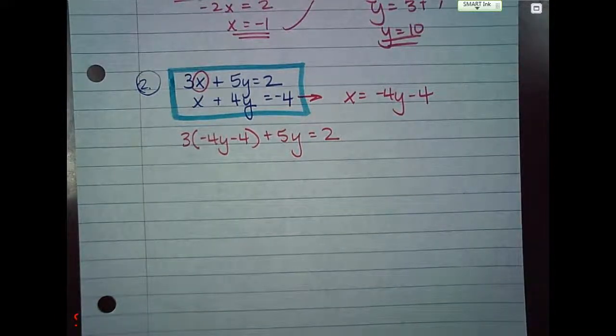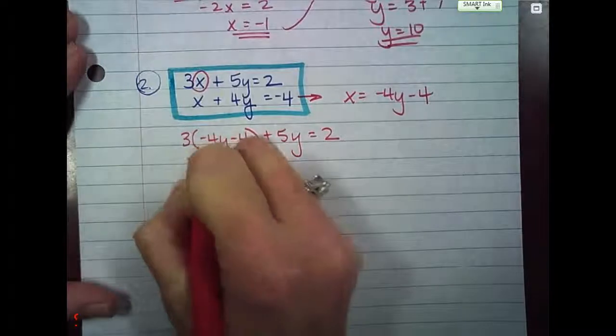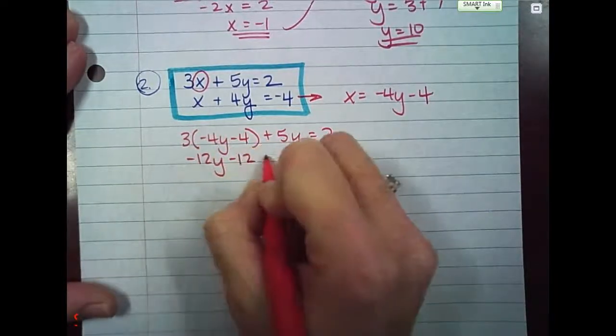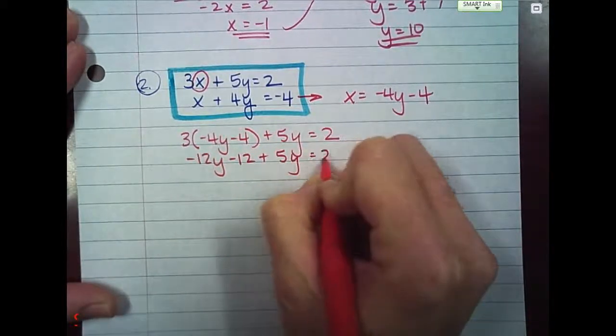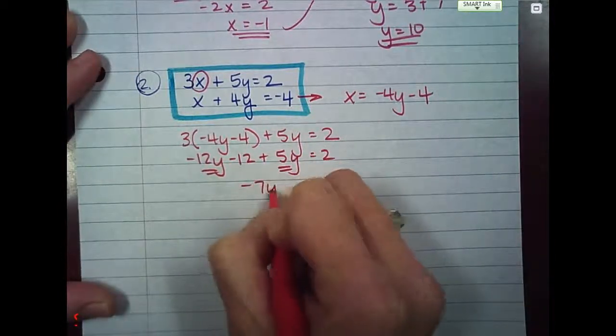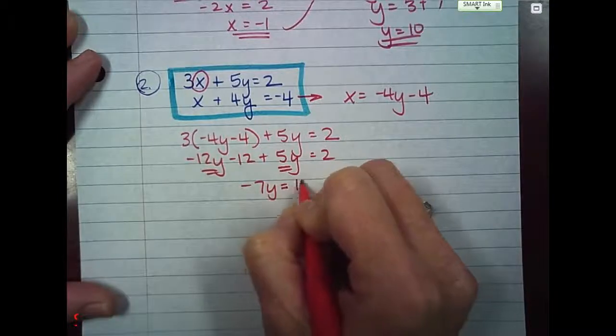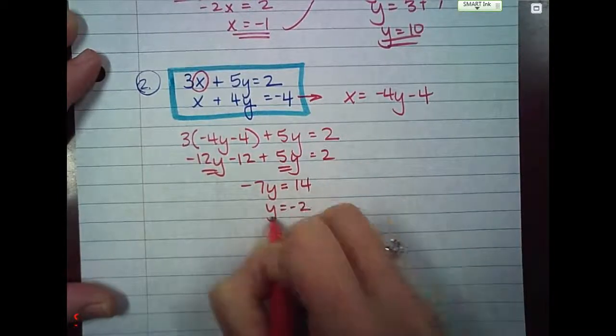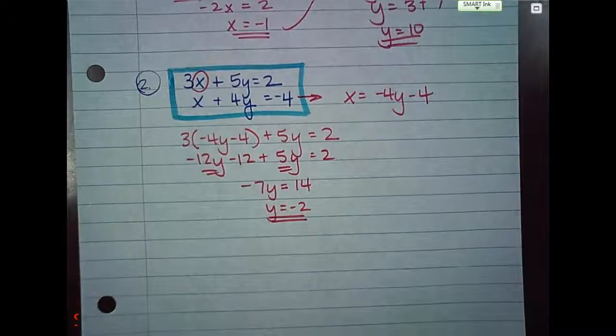Now then distribute and solve for y. You're halfway to your answer now. y has a value of negative 2. That's 50% of your answer. Now we're going to take that and plug it back in and find x.